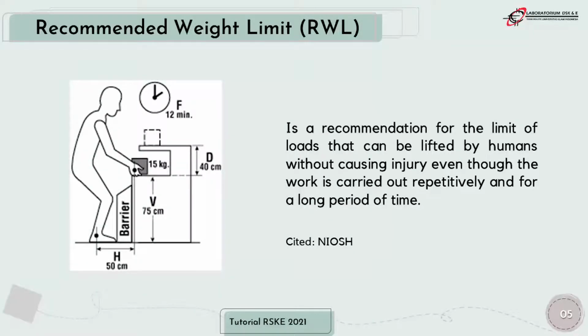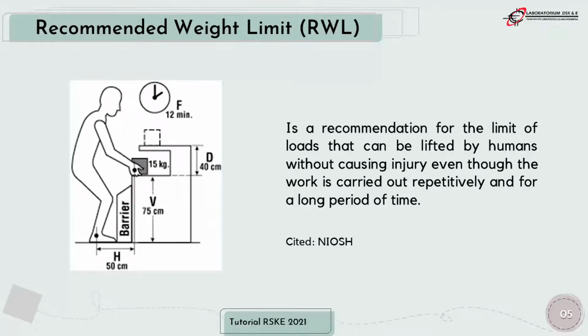Next, now I will explain the recommended weight limit. In manual material handling, there is what is called the recommended weight limit, or RWL. This is a heavy lifting condition that can be handled by a healthy worker for a maximum of 8 hours of work and does not pose a risk of low back pain to the operator.